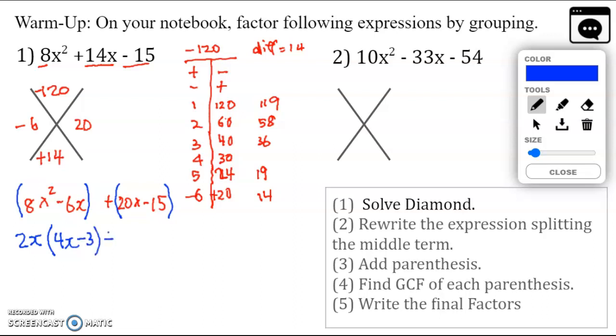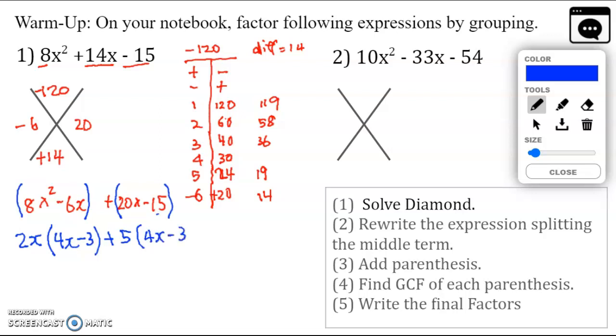Okay, plus, what about the second part? 20x minus 15. There is no variable in the second term, so there is no common variable factor, but of the numbers 20 and 15, the biggest common factor would be 5, which leaves me with 5 times what is 20x? That's going to be 4x. 5 times what is negative 15?